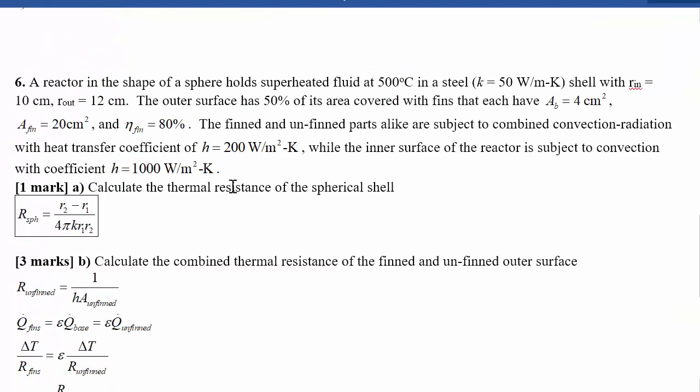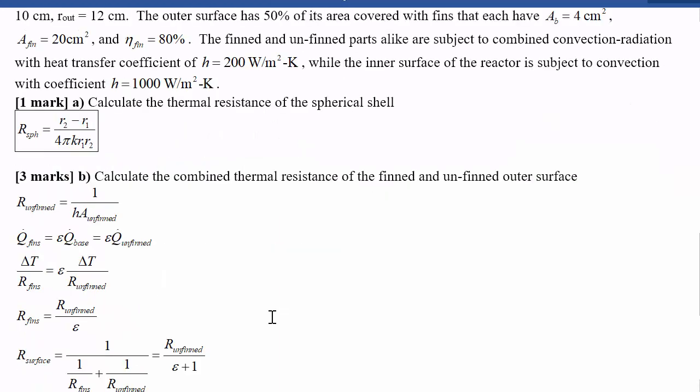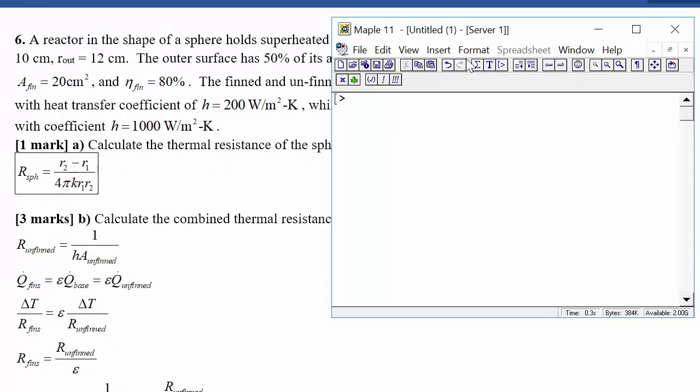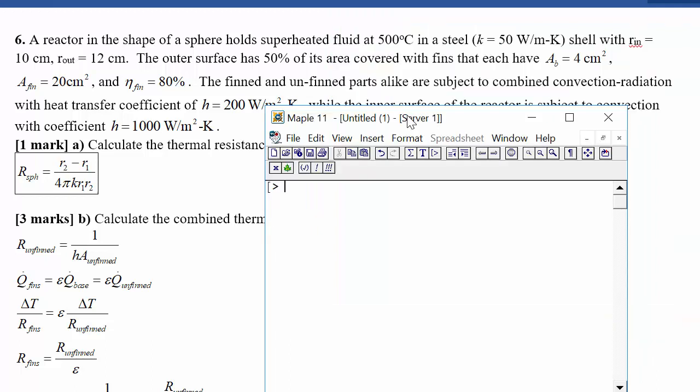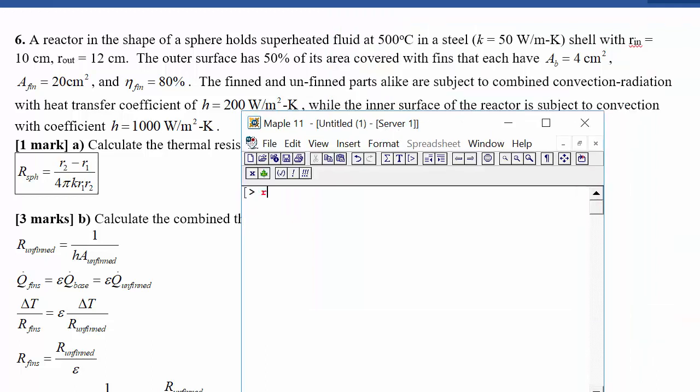So let's see here. Got our computer algebra system of choice ready to go. And T in is 500. We've got K is 50. R1 is 0.1.